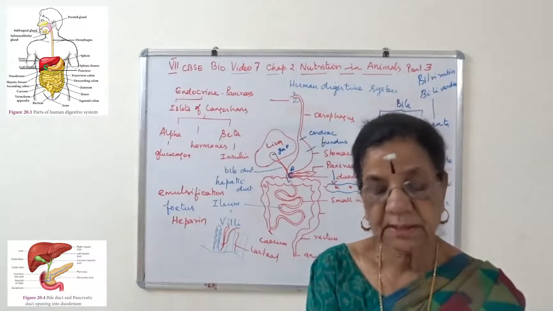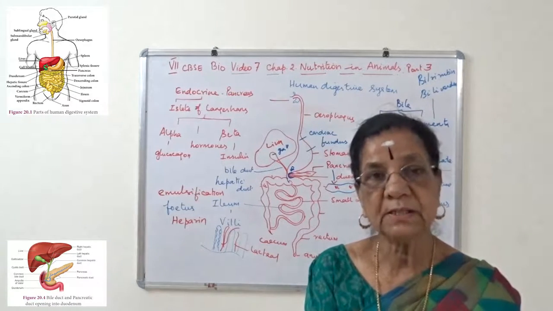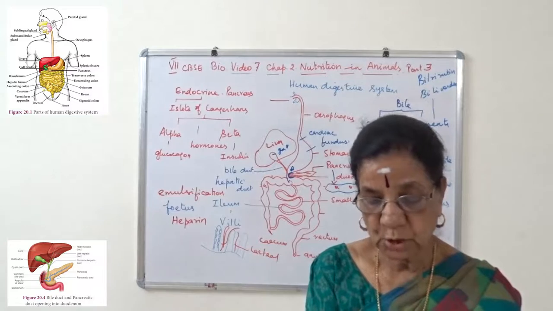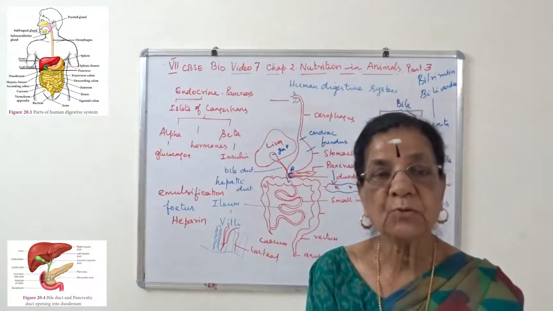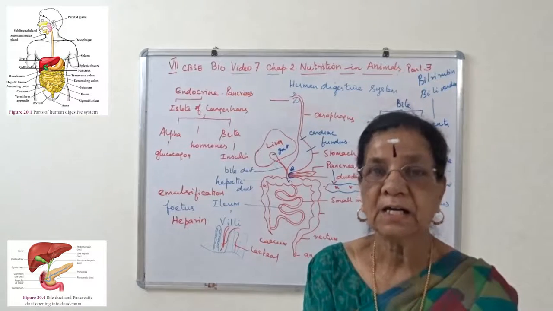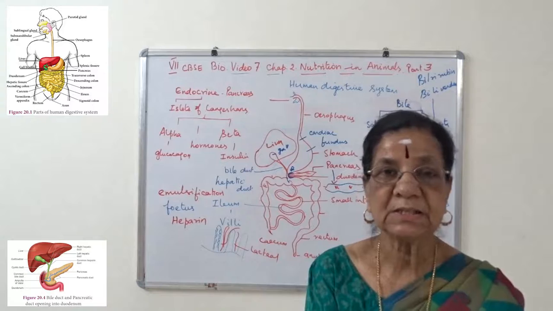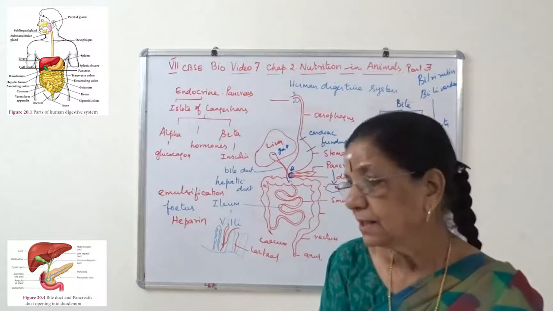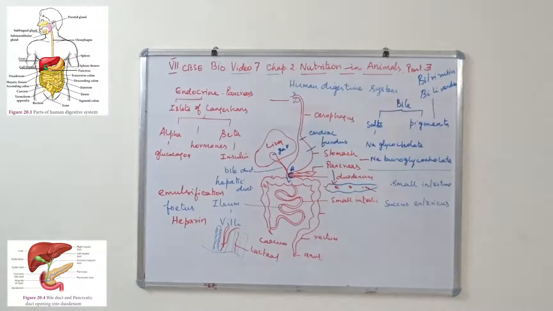And the remaining undigested and unabsorbed material is stored in the rectum until it is thrown out of the body through the anus in the form of feces. This is called motion, and this process is called defecation. The process of removal of undigested food is called defecation.